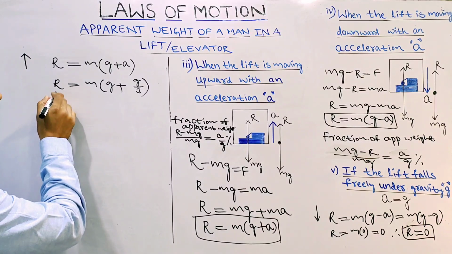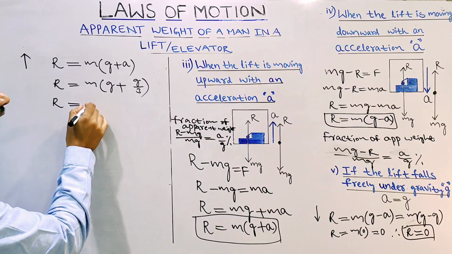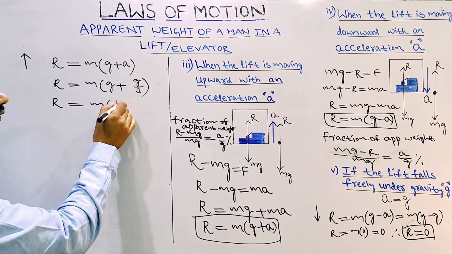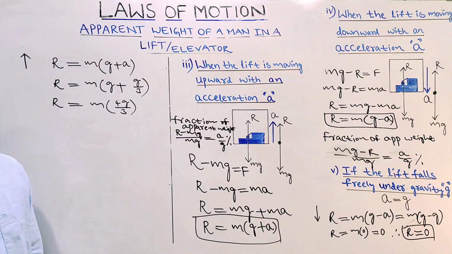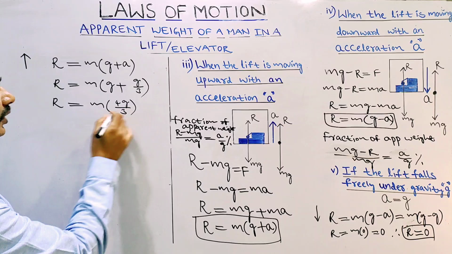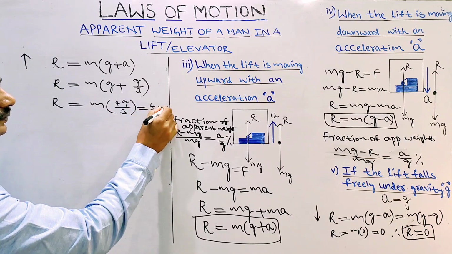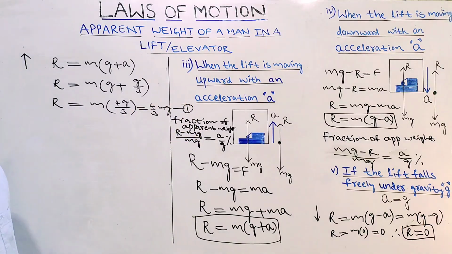So R equal to m into, here 3 is LCM, 3g plus g, 4g by 3. So we can take 4 by 3 mg. This is equation 1.